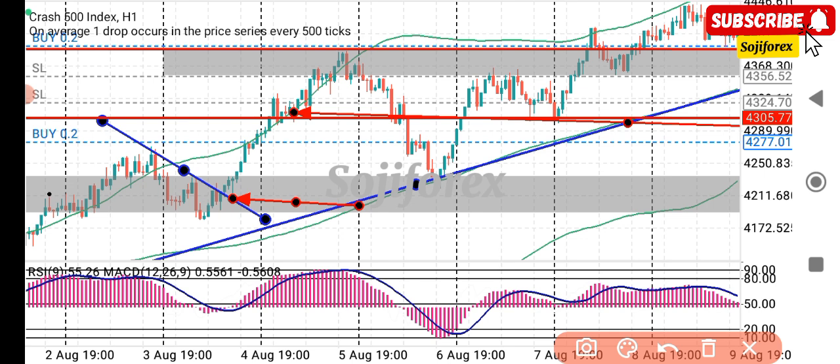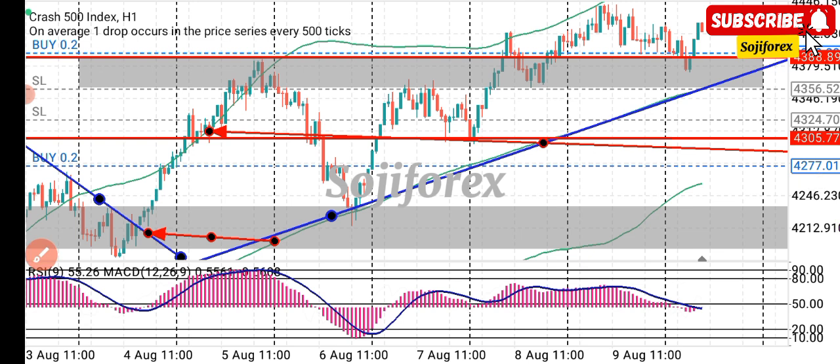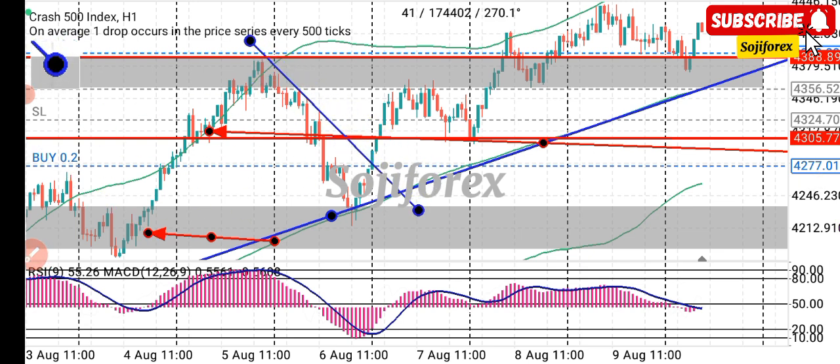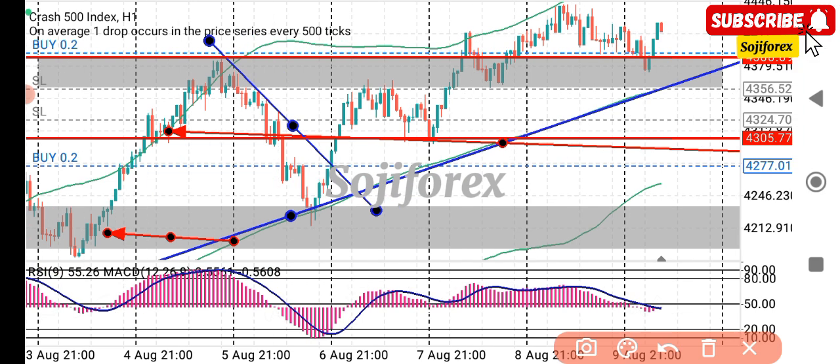Look at another instance, price pull back again into that zone. Price pull back again. We connect our trend line. Now look at our MACD histogram. Our MACD histogram is at the level of 20 and our signal line.